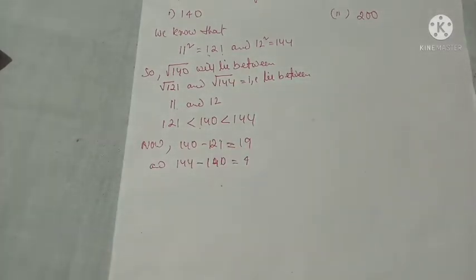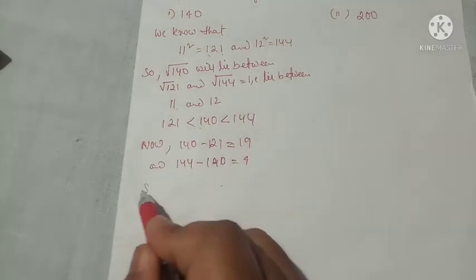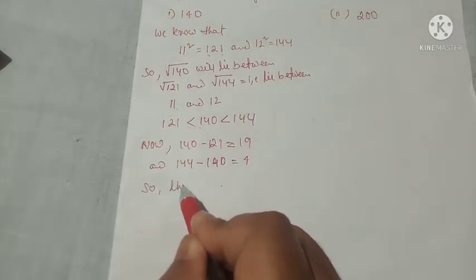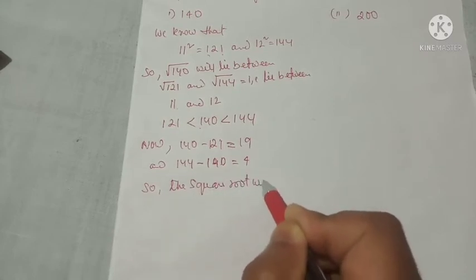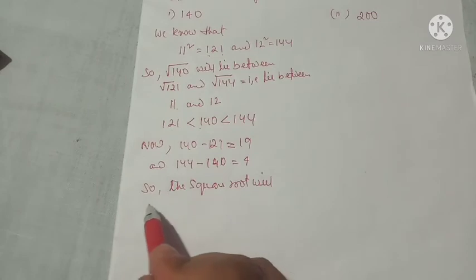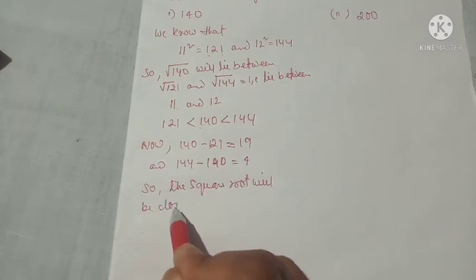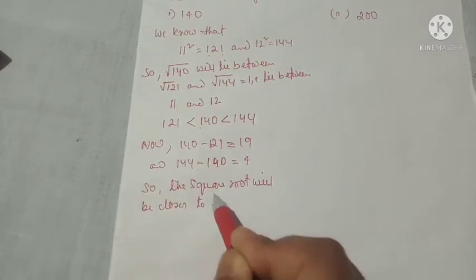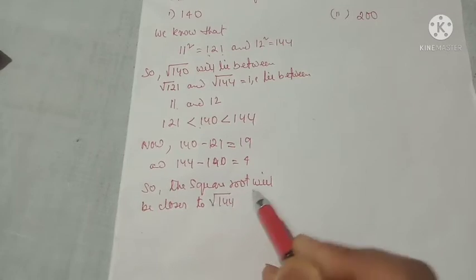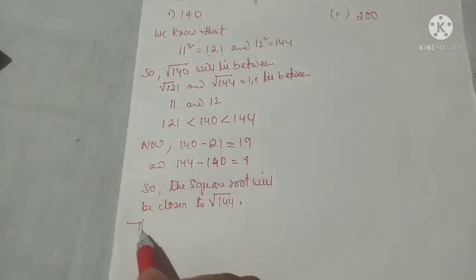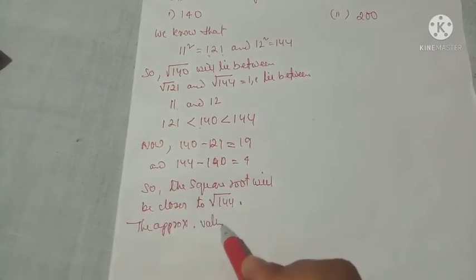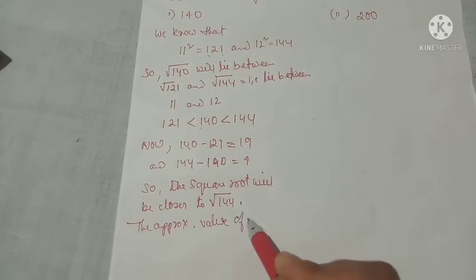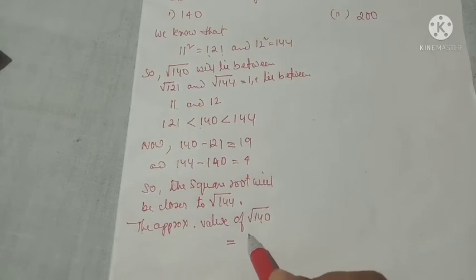Now we can easily say that the square root of 140 will be closer to 144. So the approximate value of root 140 is 12.